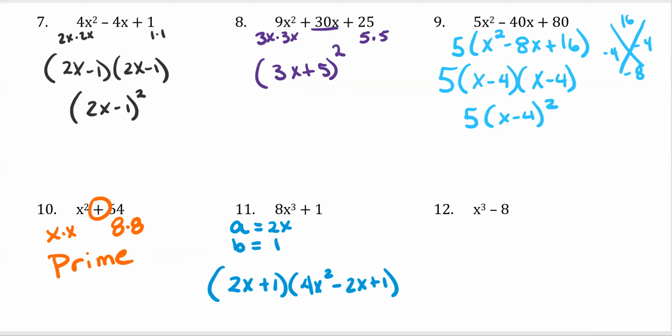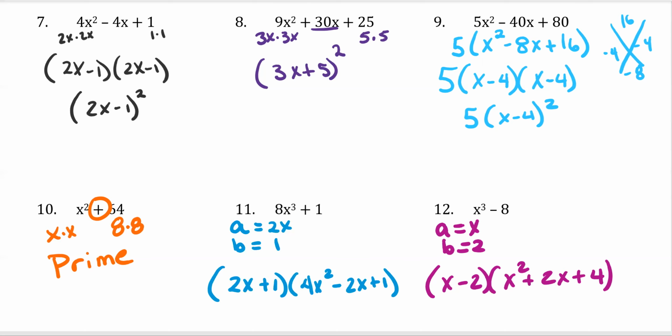Hope your answer matches mine. And number 12 is the difference of perfect squares. A is equal to 8, B is equal to 2. Our first factor is x minus 2, A times A times B times B, same, opposite, always positive.